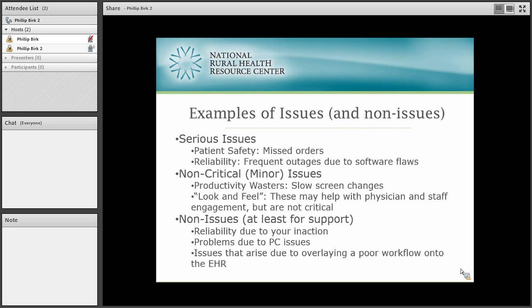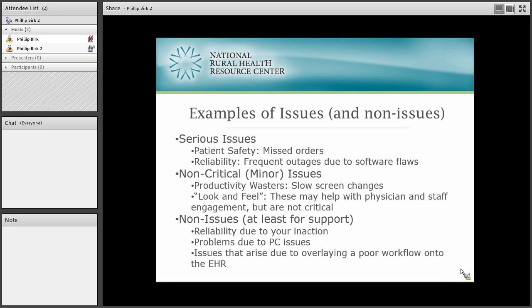Non-issues. These are the ones that, all the screaming in the world is going to get your vendor not to engage. It's not going to make a difference. Things where you're having reliability problems that are due to your inaction. If the vendor told you that your server's old and it really needs to be replaced, and it's got a corrupt hard drive, if you don't do something about that, that is not going to be an issue for them.